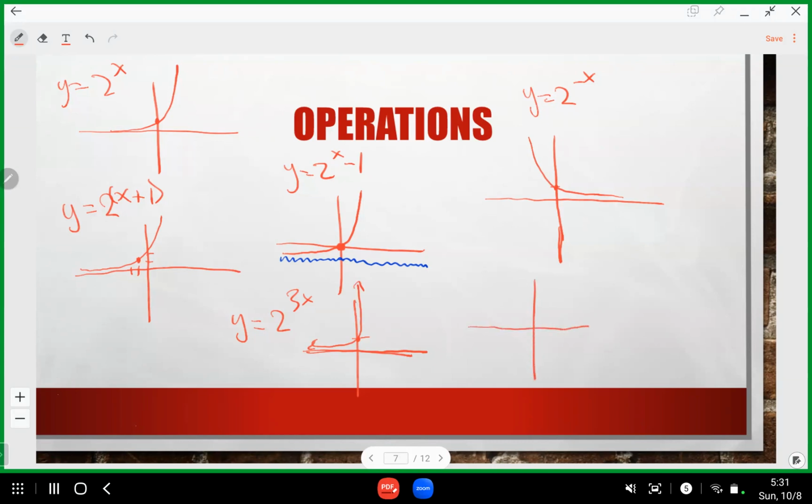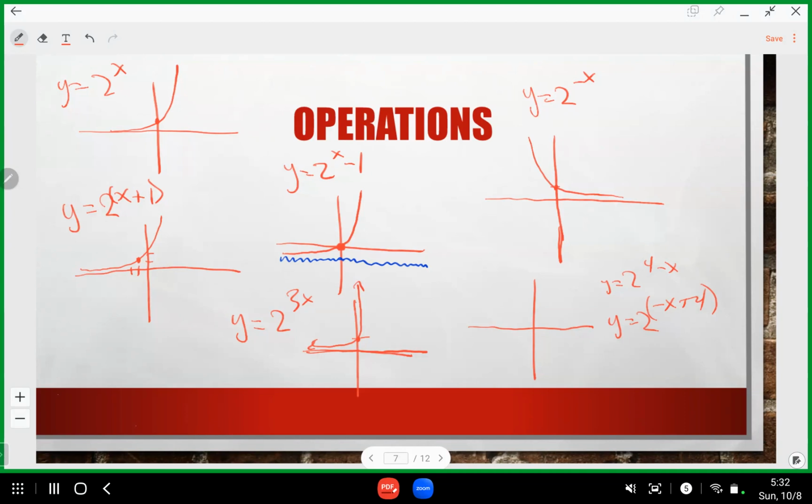And finally, we have something like this. y is equal to 2 to the 4 minus x. And we have two operations, actually. So if you rewrite this, negative x plus 4, here we need to shift horizontally, and then we reflect. So we shift to the left by 4 units, and then we reflect.